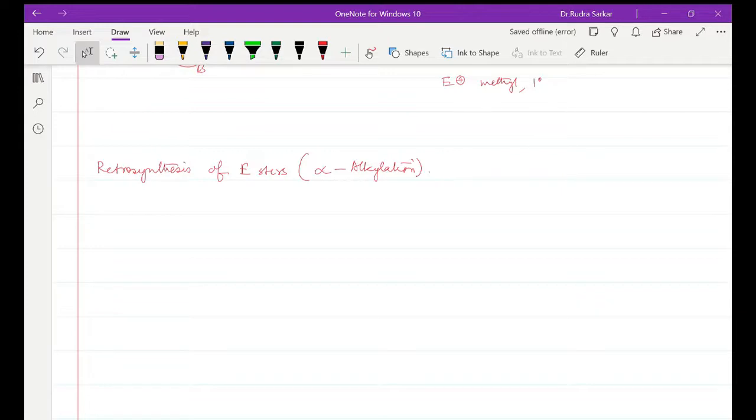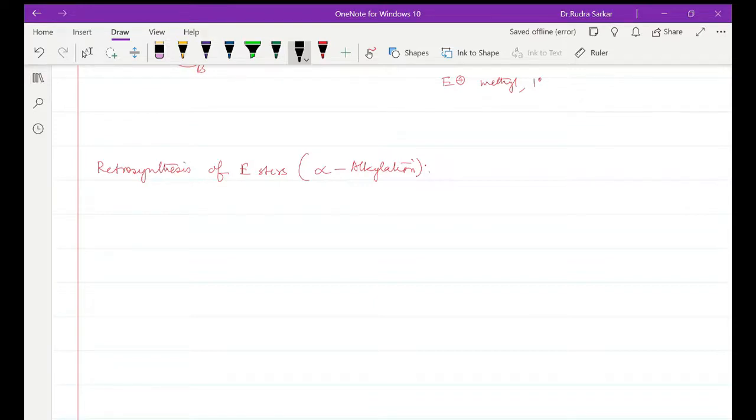One of the possible methods over here can be by disconnecting the alkyl group that is joined at the alpha carbon.